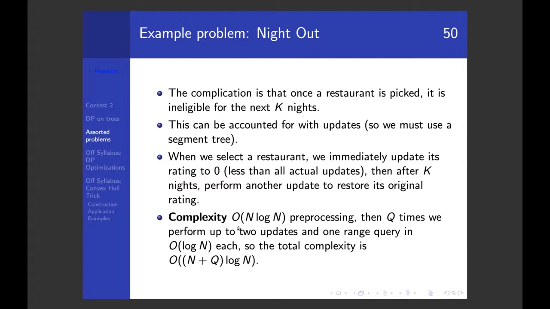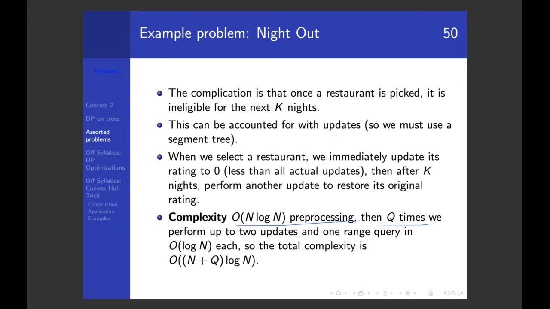It's n log n pre-processing to create the segment tree. In Q times, we perform 2 updates. Update 1, we first perform a query, that is, find the maximum value. We then remove this value from our range, set its value to 0, and also do the update from k nights ago.